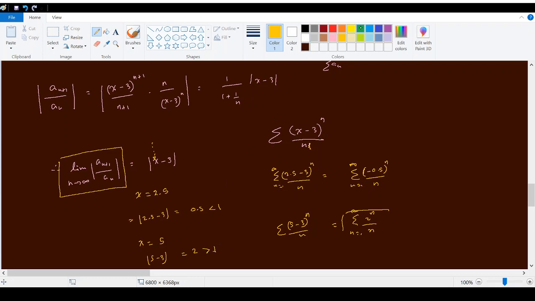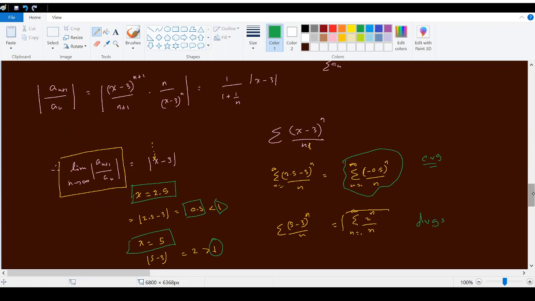So in other words, from the ratio test, we can say that for this value of x, the series obtained will be this one, and since the value of the limit is less than 1, the series converges from the ratio test. And for this value, the limit of this ratio was greater than 1. So from the ratio test, we can say that the series diverges.